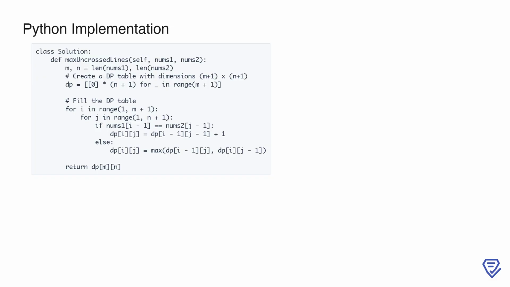Otherwise, the value at DP[i][j] is the maximum of DP[i-1][j] and DP[i][j-1], representing the best result by excluding either the current element of nums1 or nums2. Finally, the result is stored in DP[m][n], which represents the maximum number of uncrossed lines for the entire arrays. The algorithm runs in O(m*n) time with O(m*n) space, where m and n are the lengths of nums1 and nums2, respectively, making it efficient for this problem's constraints.